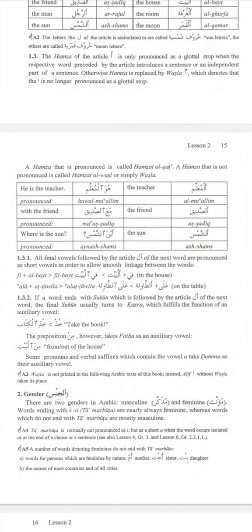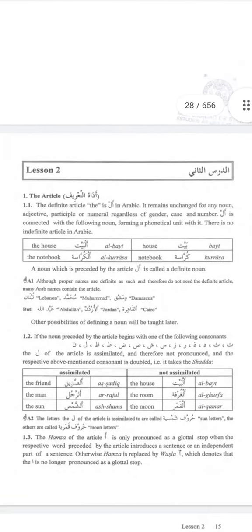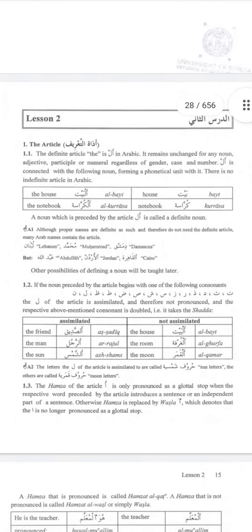So the assignment, the things I want you to take a look at today, is the use of al and the use of marifa and nakira. By this lesson, I assume you should be able to formulate nakira from nouns, from asma that you know in Arabic.